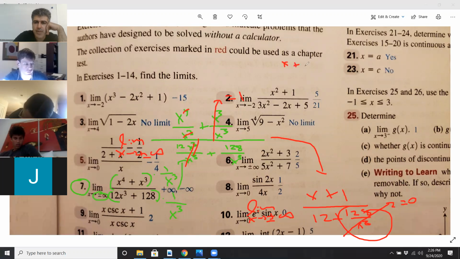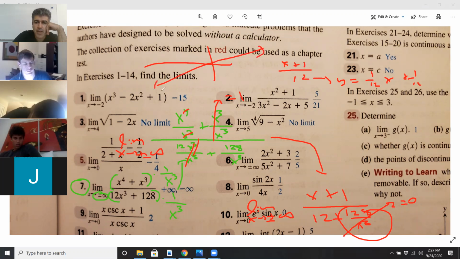Now, that is a linear function. That's like saying y equals 1/12 x plus 1/12. If I were to graph that, it would look like this, right? So now, what is happening to y as x goes forever to the right? Y is going up. What's happening to y when it's going further to the left? It's going down.